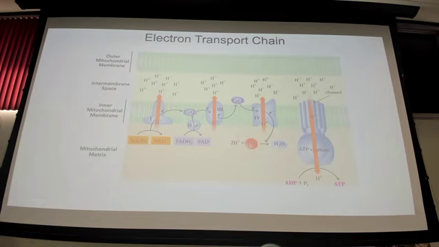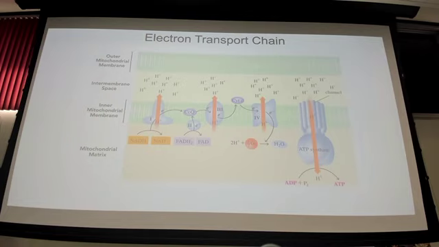So there are 4 complexes in the ETC. And these complexes, 3 of them are responsible for transporting hydrogen ions into the intermembrane space. Those are complexes 1, 3, and 4.